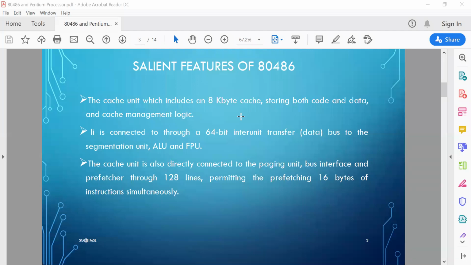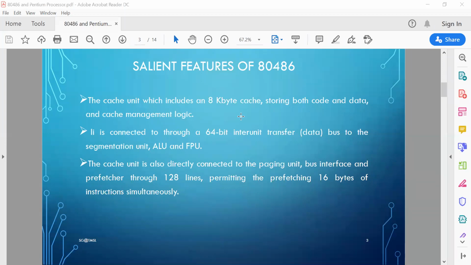The unified cache is connected through a 64-bit inter-unit transfer bus to the segmentation unit, the ALU, and the floating point unit. The last very important feature is that the cache unit is also directly connected to the paging unit, bus interface unit, and the prefetcher through 128 lines, permitting the prefetching of 16 bytes of instructions simultaneously.